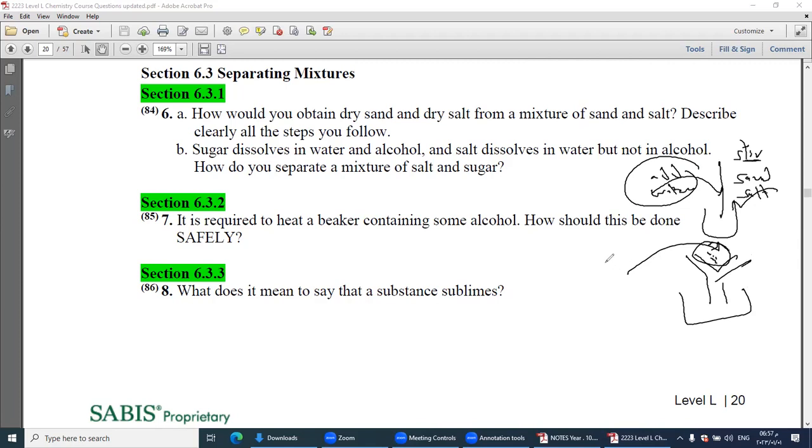What do we do to the residue? Wash. Then to obtain the salt solution we'll make crystallization: heat, cool, filter, dry. Heat the solution till crystallization point, allow to cool, then filter and then dry.